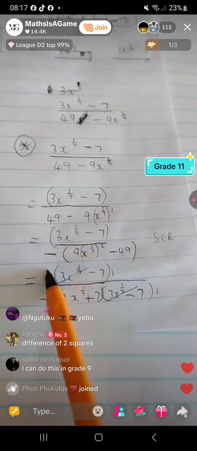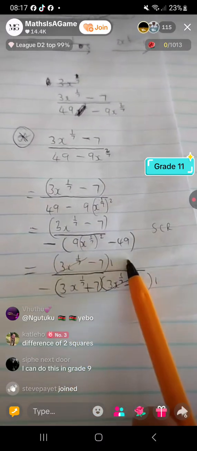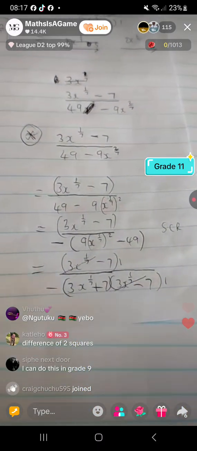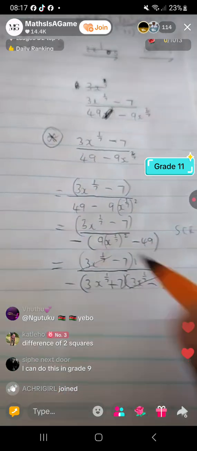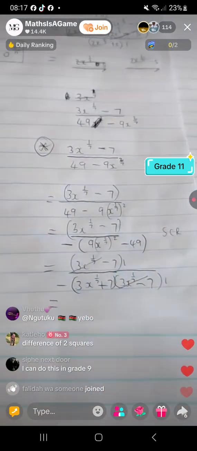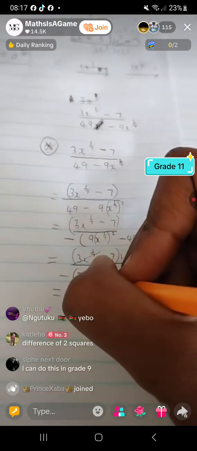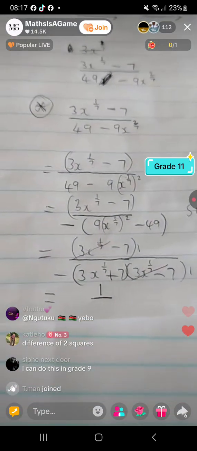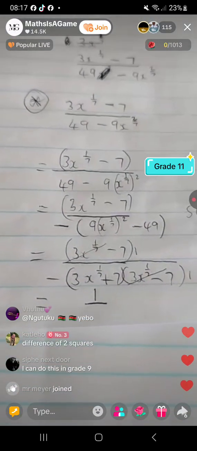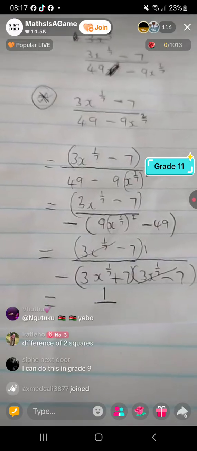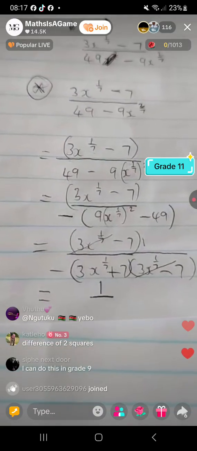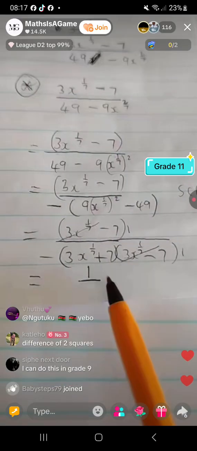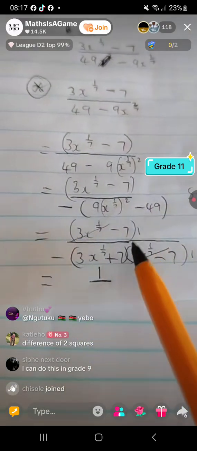Remember, when we cancel this and that, we're left with 1 and 1. Remember, guys, in the numerator, when 1 is left alone, it is significant. So we have to say 1 over. Do you see this, guys? It's very important that we understand that 1 in the numerator is significant.